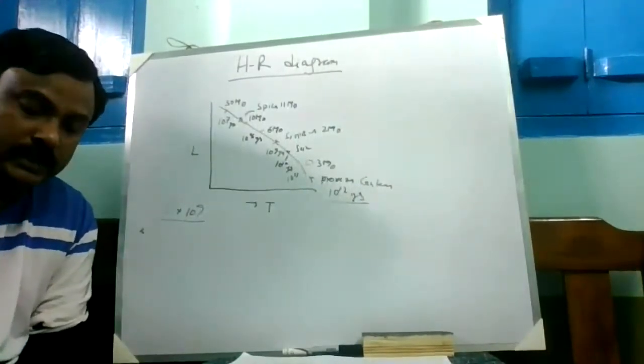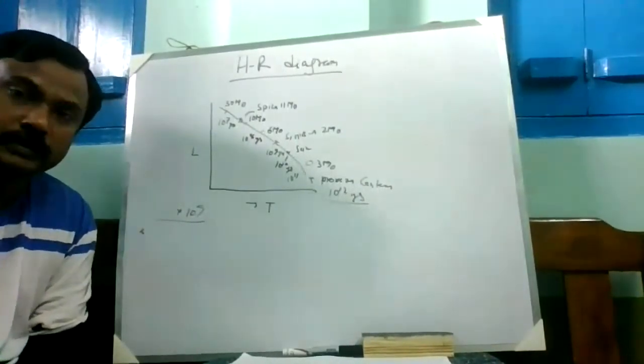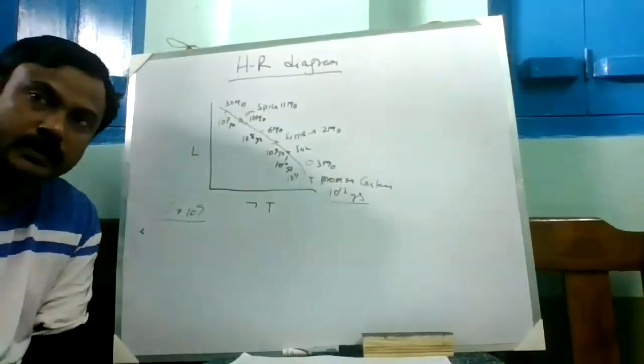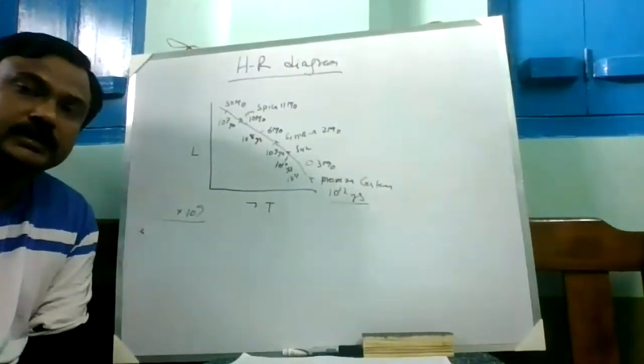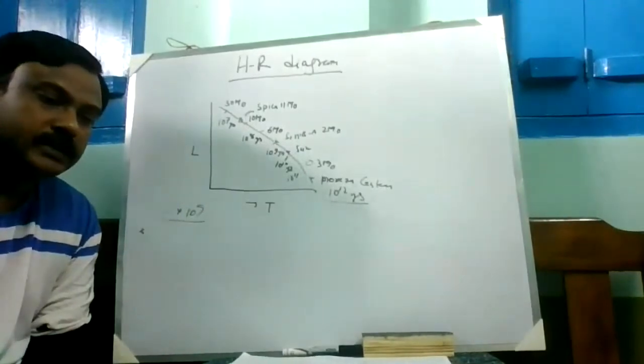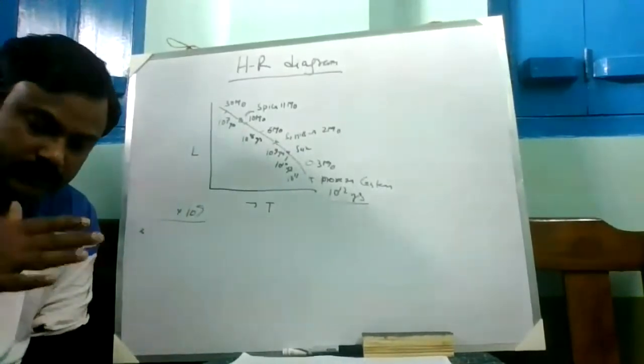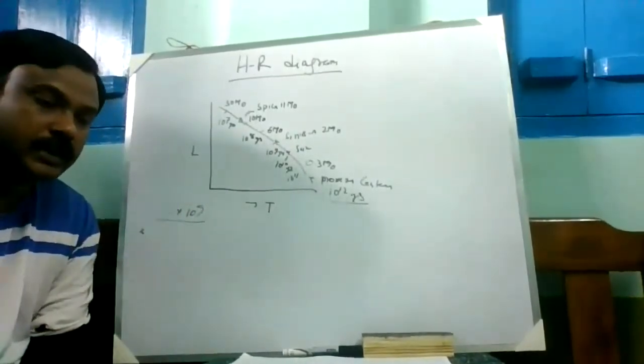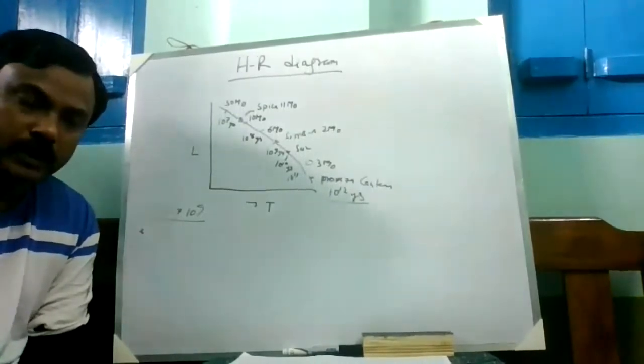Among the giant stars, there are also classes: supergiants, subgiants, some may be red giants. These classifications are there, and the stars below the main sequence are basically white dwarfs or brown dwarfs.